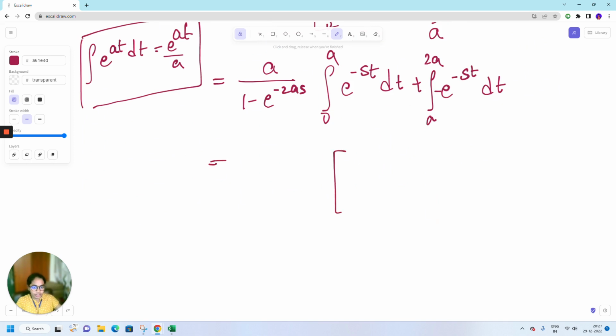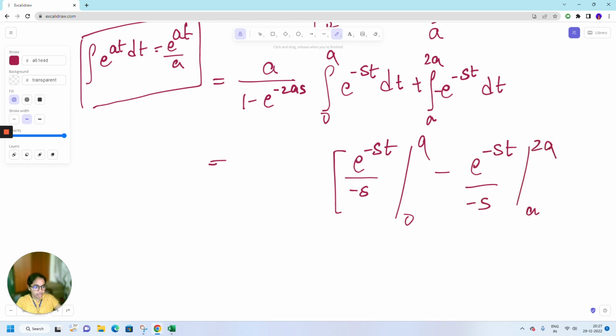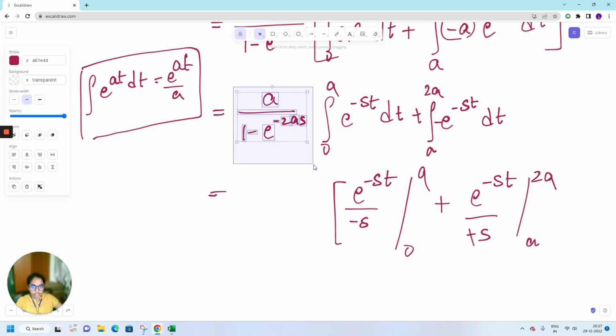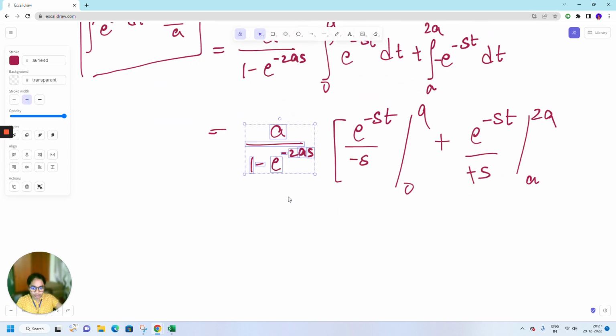e power minus st divided by minus s, from 0 to a, minus e power minus st divided by minus s, the limits are from a to 2a. This minus and minus becomes plus, and whatever we have over here comes to every step.